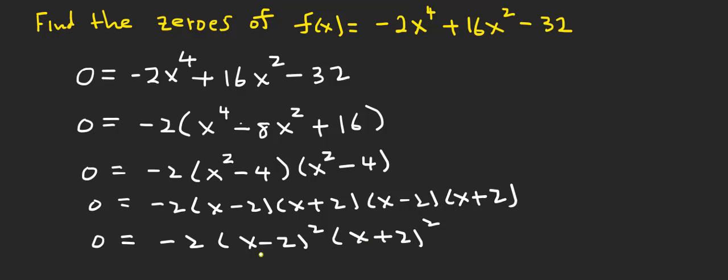So now when you solve for x, you're going to get x equals 2 and x equals negative 2. These two are repeated solutions because they appear more than once. So we have two zeros of f of x, which are negative 2 and 2. You want to graph it and see what happens at negative 2 and 2.